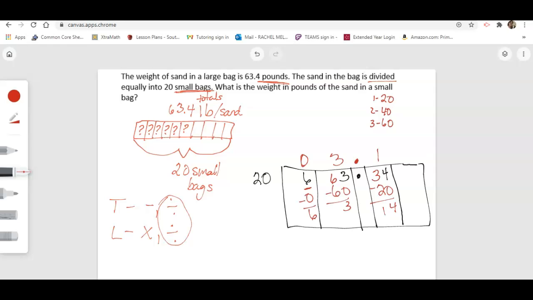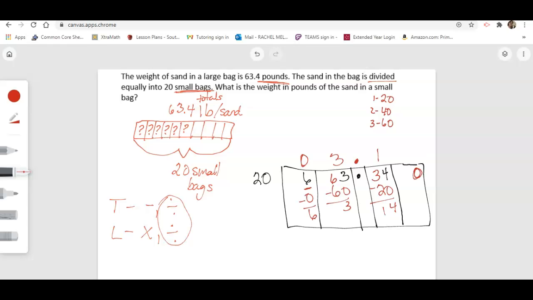I do need to continue on. I can't just stop there because this is telling me that each of these are equal. If I stop right there with a leftover, then that means there's sand left over, but they didn't tell me there was going to be leftover sand. So I'm going to add a 0 here.